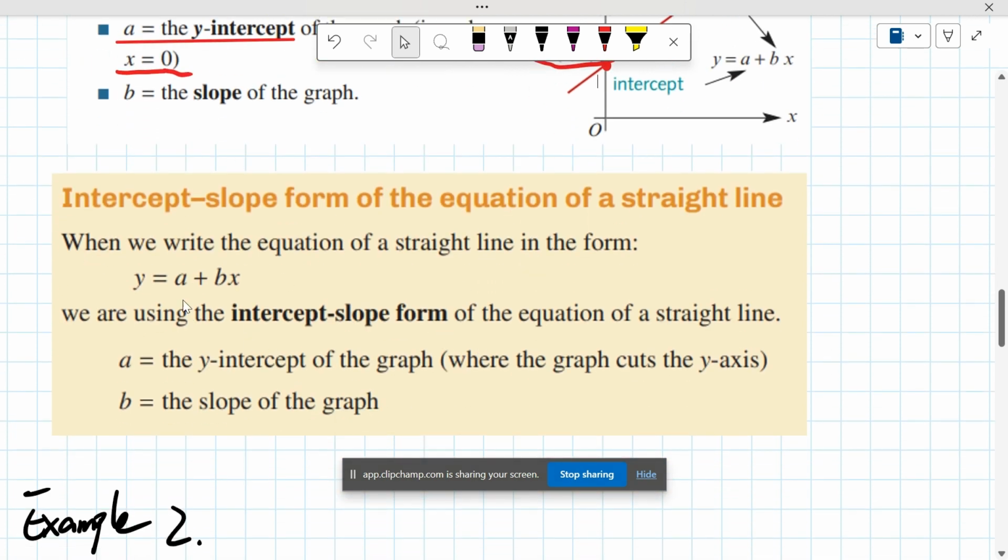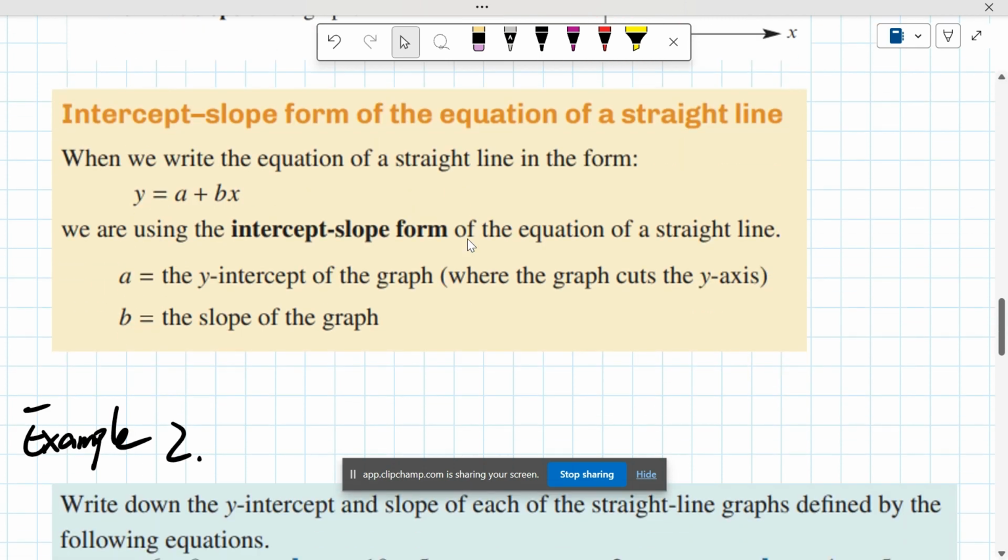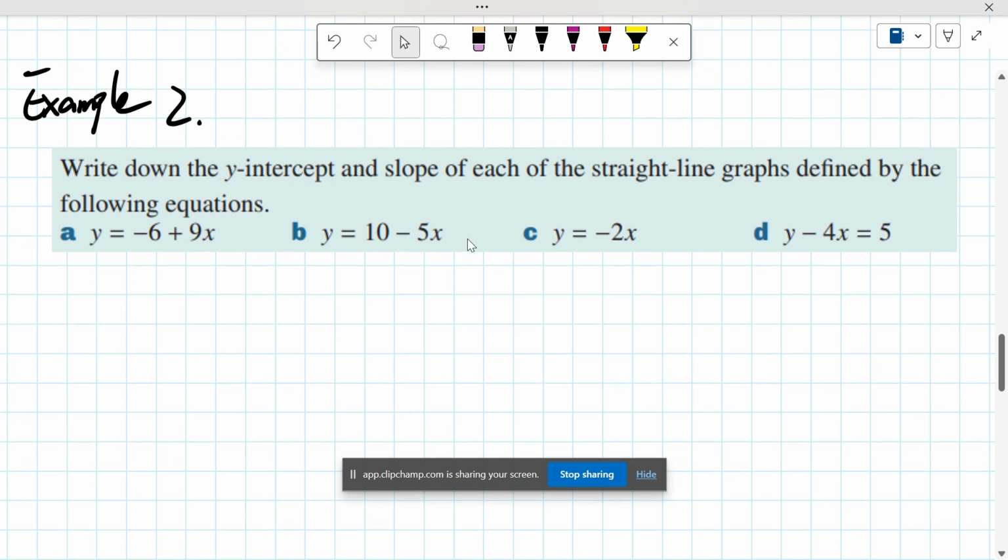I want you to put this on your yellow page, or post it and upload it to your reference book, because it's a very good way to understand what a straight line equation looks like. Now I'm going to show you how to find the y-intercept.